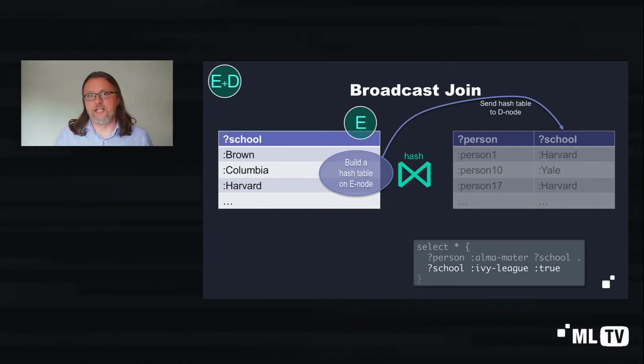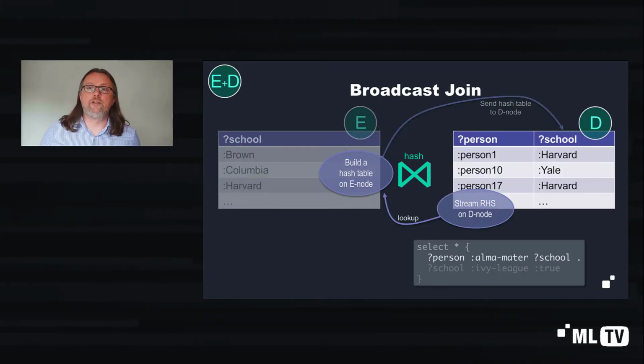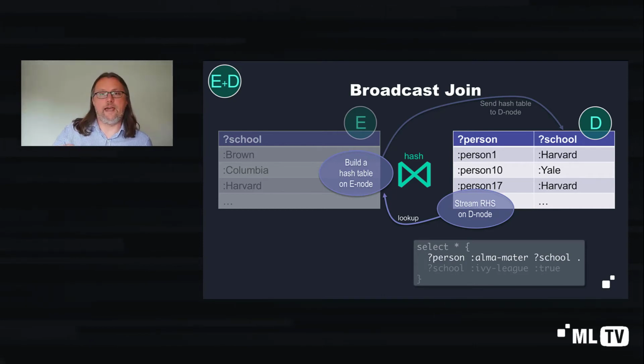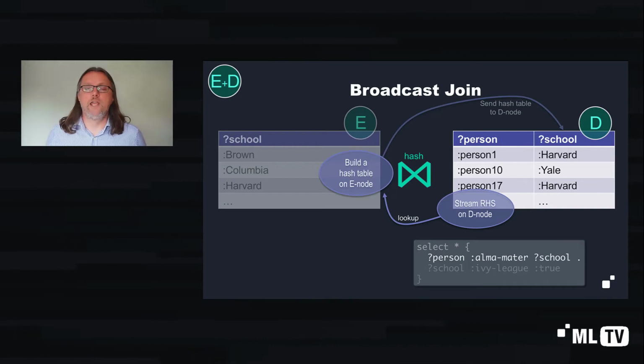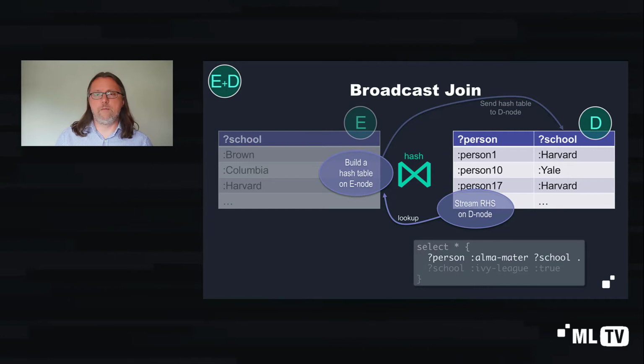But then we take that hash table and ship the entire hash table over the network to the D node, so that when we stream the right hand side on the D node, we can perform that hash lookup on the D node before we send results back to the E node.